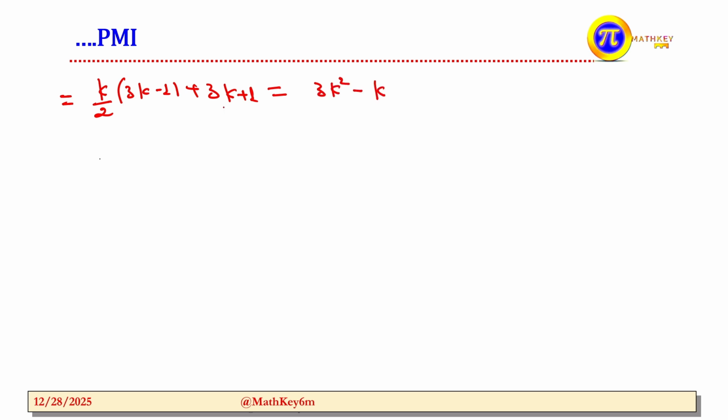Then take the LCM, which is 2: 2 times 3k is 6k, and 2 times 1 is 2, all divided by 2. Now collect like terms: 3k square minus k plus 6k is plus 5k, plus 2, all over 2. It becomes a quadratic function form.